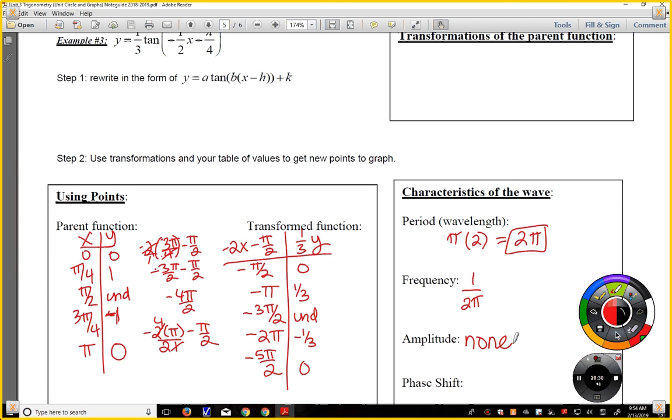Phase shift is exactly the same thing as what transformation that we list when we list all the math transformations at the beginning. Sierra? Good. Our H value, our horizontal translation. So the fact that we shifted to the left pi over 2, we can just write that here. All we're trying to do with this is get you used to that wave language that we're going to use in our project.